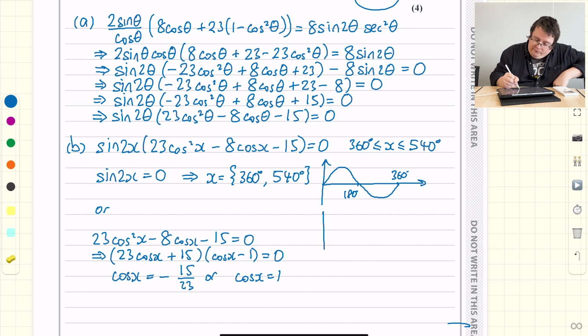Now the cosine curve looks like this. So cosine x equals minus 15 over 23.